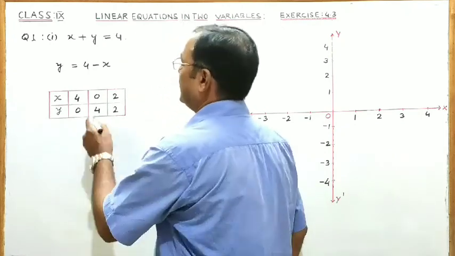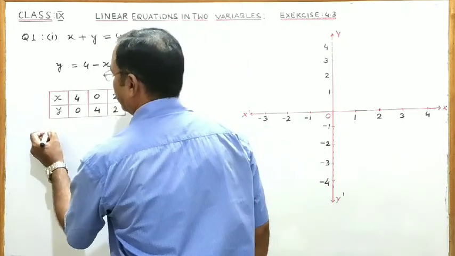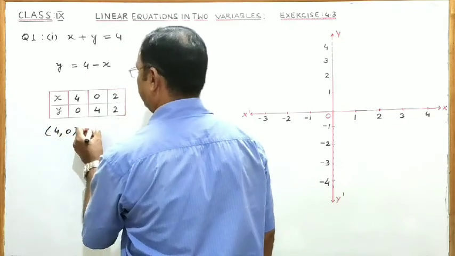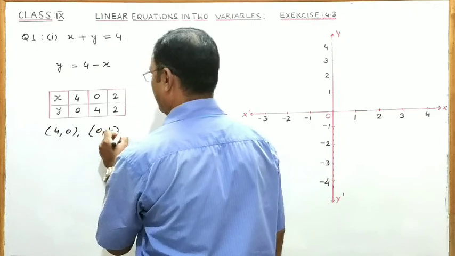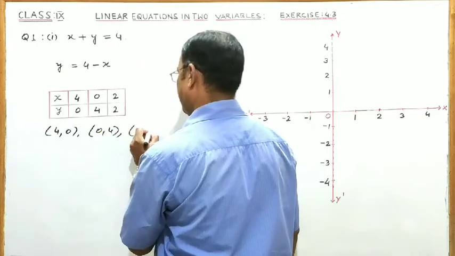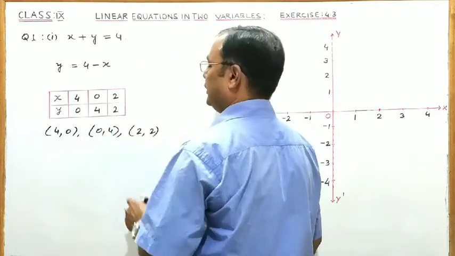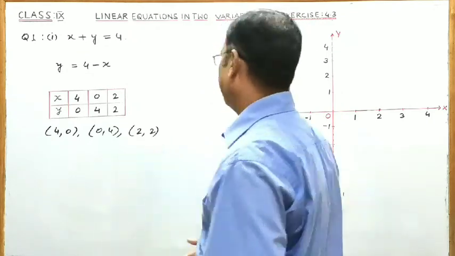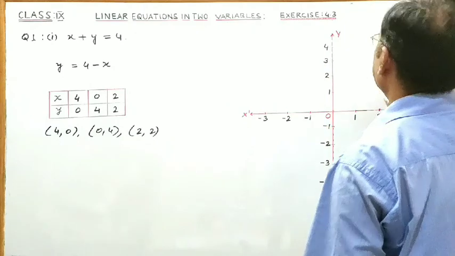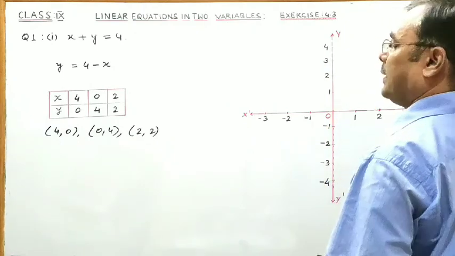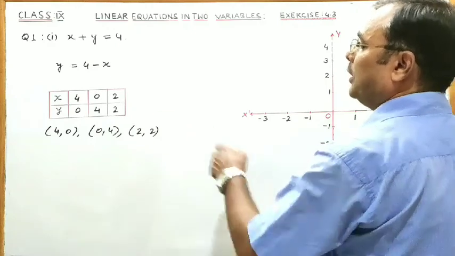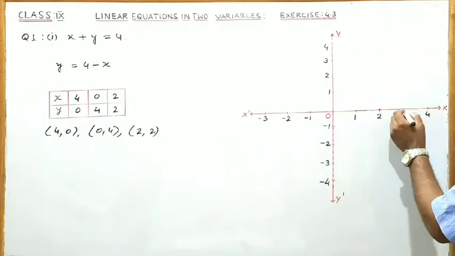Now we shall plot these 3 solutions as 3 points: 4, 0, 0, 4 and 2, 2 on the graph paper, that is on a coordinate plane. So here this is the coordinate plane, example of your graph paper. Let us plot these 3 points. First point is 4, 0.